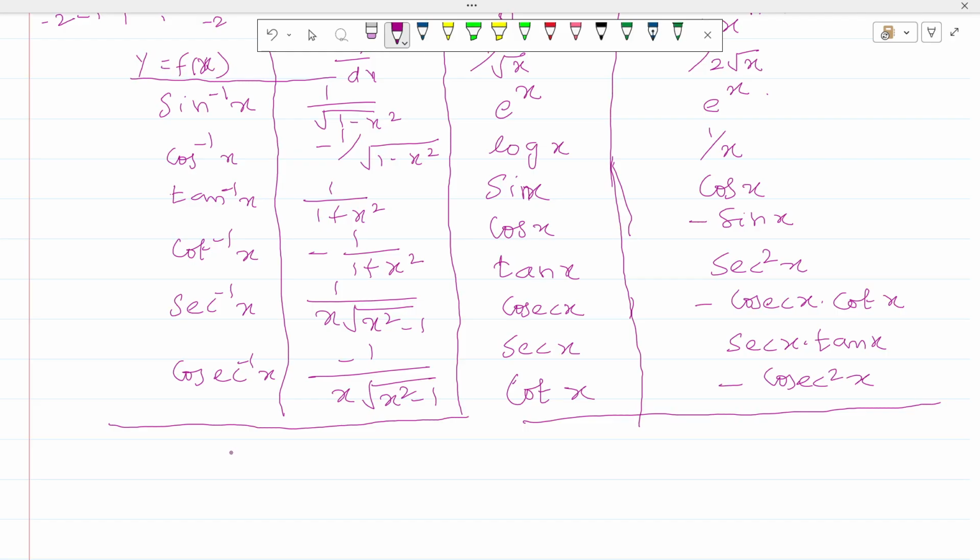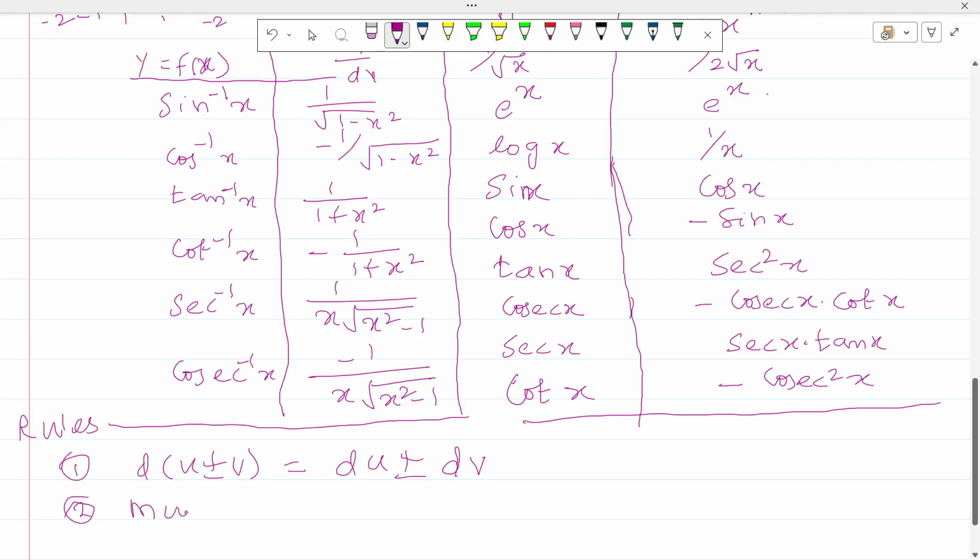Now we have to see the general rules of the derivatives. One is the addition rule, you know this: differentiation of u plus or minus v equal to du plus or minus dv. Second one is the multiplication rule.